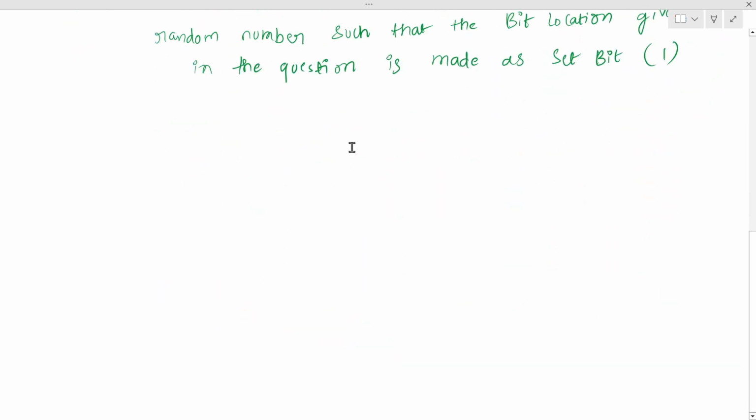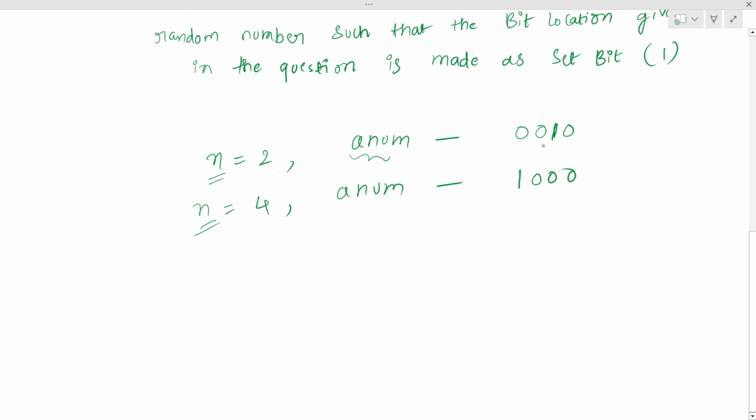So let me try to make you more clear. If it is given as n equal to 2, then what is your a num? That means what is the number that you need to take? The second position will be 1 and the remaining will be zeros, something like this. If n is given as something like 4, then what will be your a num? It is something like the fourth position will be 1, remaining will be zeros. Hope you got it, right? N is your position and we are trying to make an a num such that it has the bit set at this location.